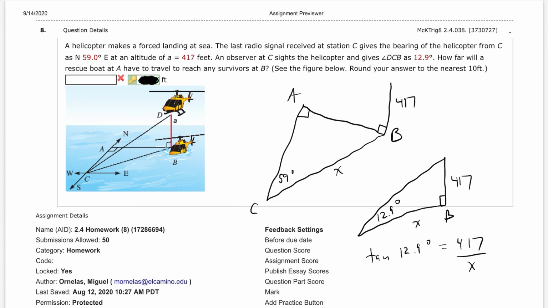All right, now we can solve for X. So if you solve for X, you're going to get X equals 417 over tangent of 12.9 degrees. And that is getting 1820.7.